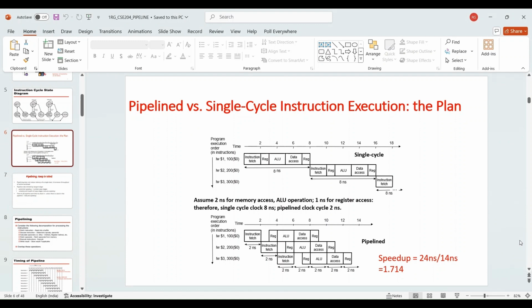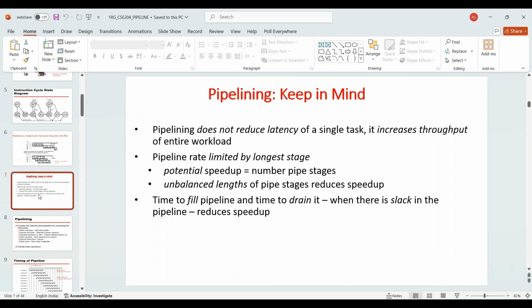In that case, individual instruction execution is taking 10 nanoseconds, and with the pipelining approach, three instructions will get executed in 14 nanoseconds. So here the speed up that can be achieved is 24 nanoseconds divided by 14 nanoseconds, 1.714 times performance improvement. Okay, so that is the idea.